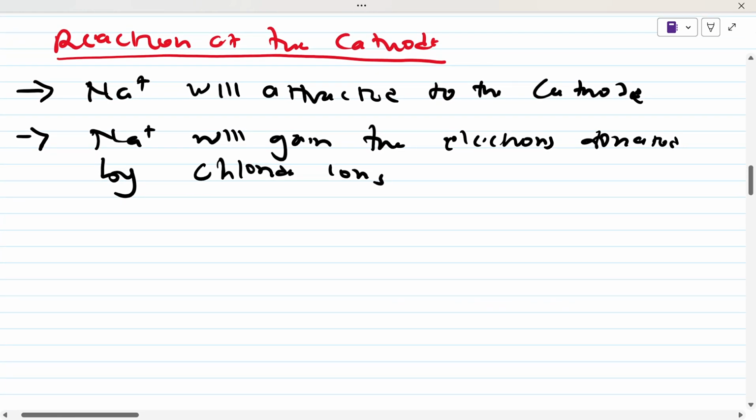So if that's what is happening, what will be the reaction? Now I'm going to have sodium ion accepting electron to give me sodium atom.